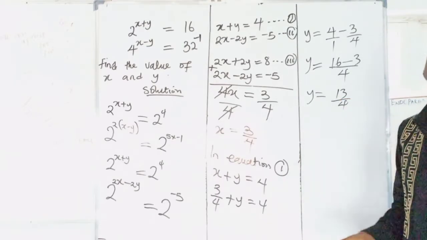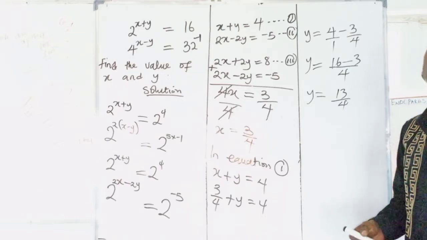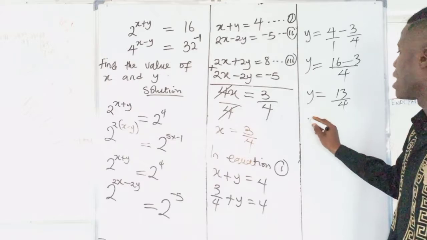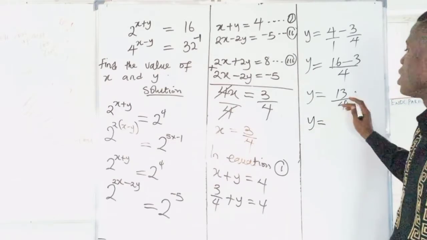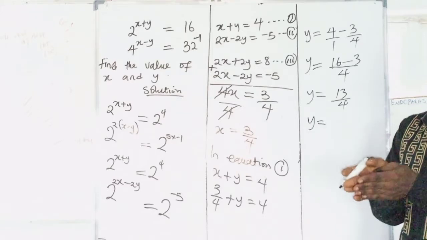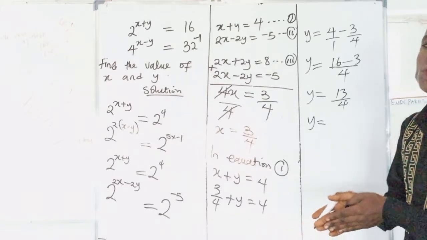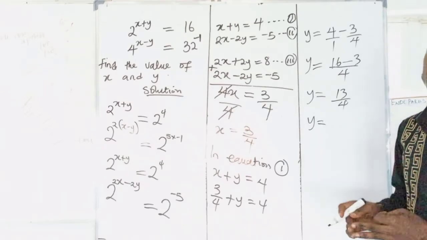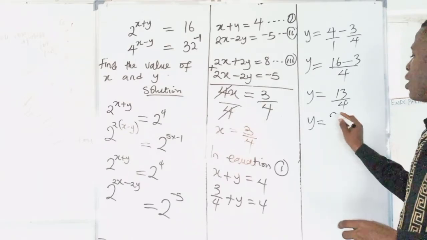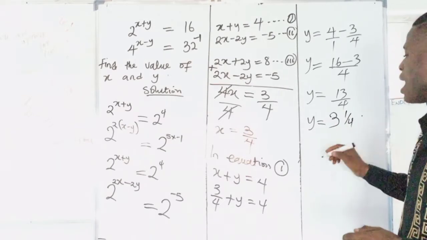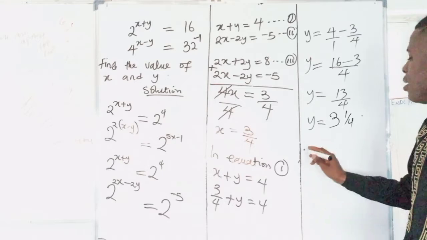But I can easily convert it to a mixed fraction. So my y now is equal to, since this is 13, 4 can only divide 12 and there will be 1 remainder. If 4 divides 12, I have 3, remainder 1. So I have 3 whole number and 1 over 4 as the solution to my y.